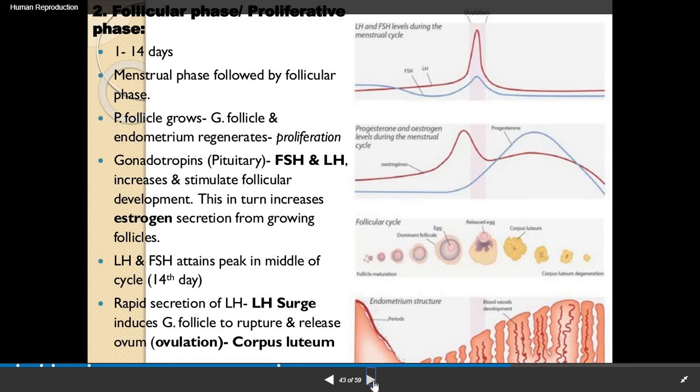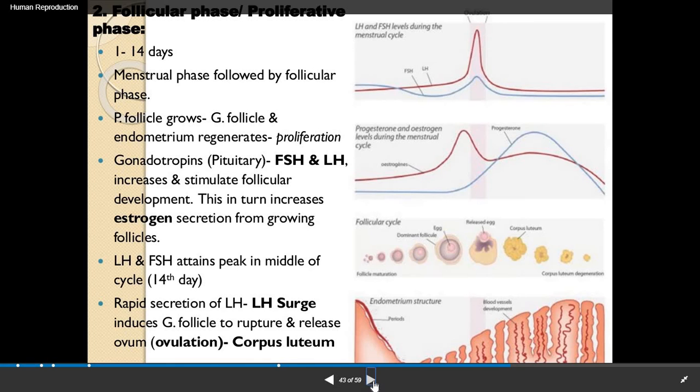Then the gonadotrophins, generally FSH and LH, increase and stimulate follicular development, meaning the number of follicles and their development increases due to the increase in the hormone concentration of FSH and LH.